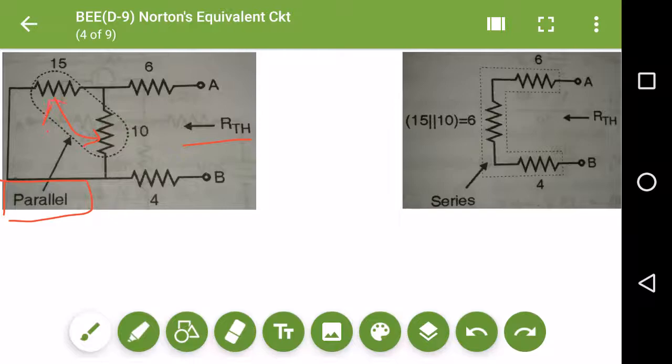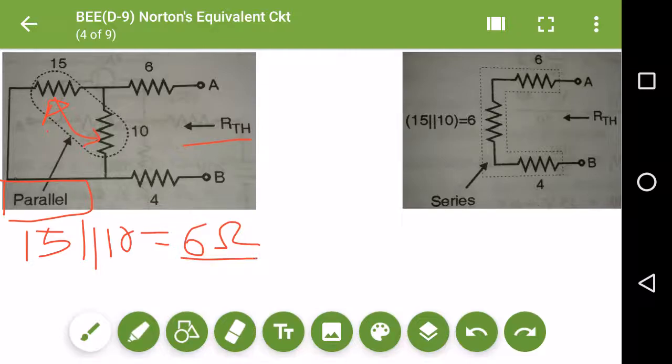So I will write 15 parallel with 10 ohms, which, if you calculate, comes out to be 6 ohms. So the combination of these two resistances is 6 ohms, and you can see that this 6 ohms is over here.